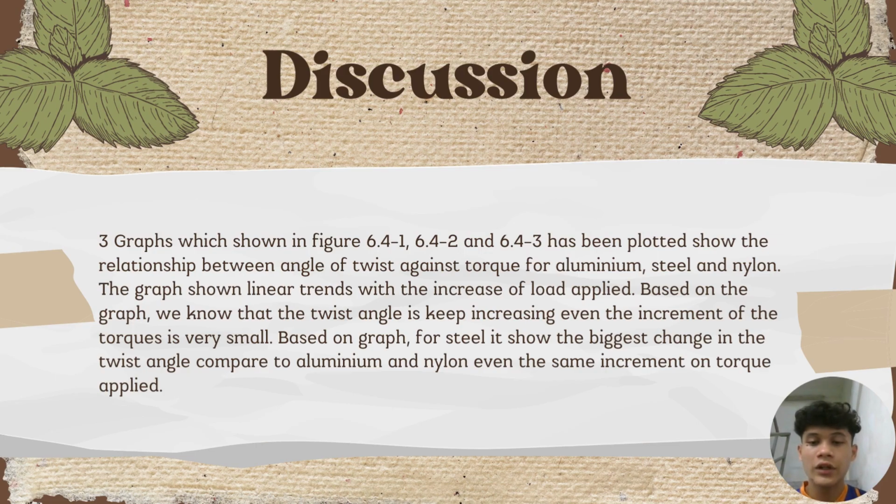The graph shows linear trends with the increase of load applied. Based on the graph, we know that the twist angle keeps increasing, even when the increment of the torque is very small. Based on graph, steel shows the biggest change in the twist angle compared to aluminum and nylon, even with the same increment of torque applied.